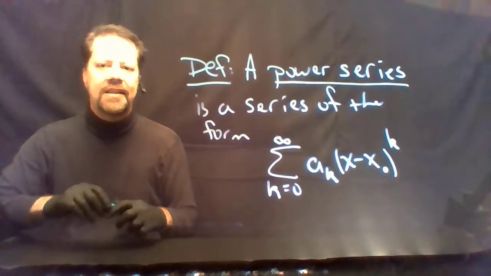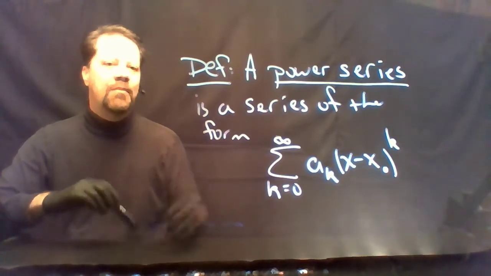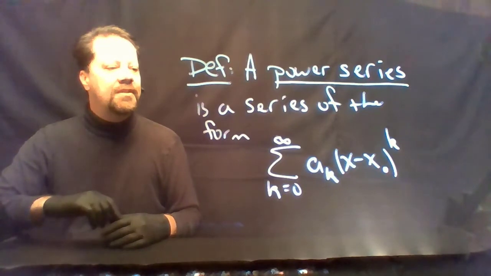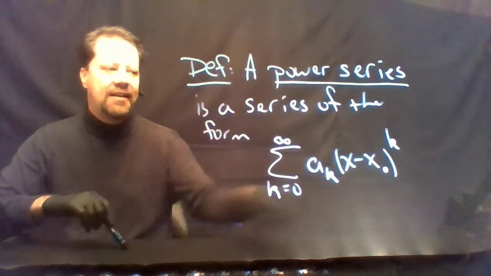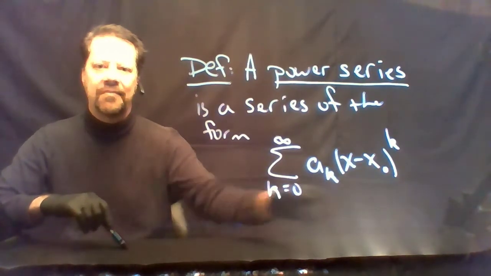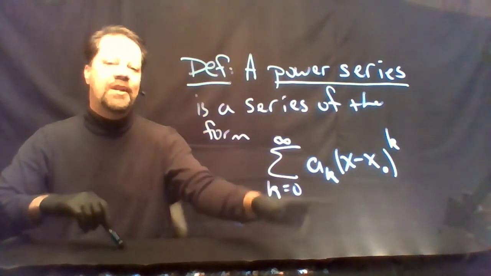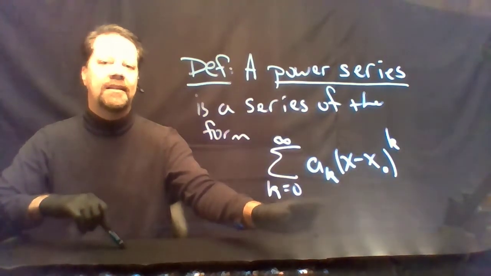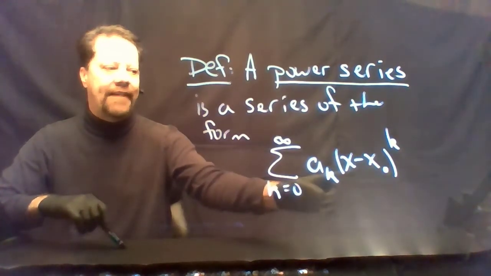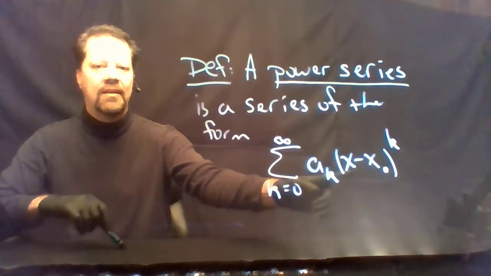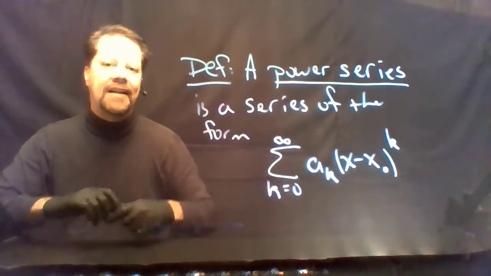There are some things that we should note before moving on. First, the power series has a variable x. That means you end up with a function, something that will depend upon the value of x that you choose. These are centered at x naught.